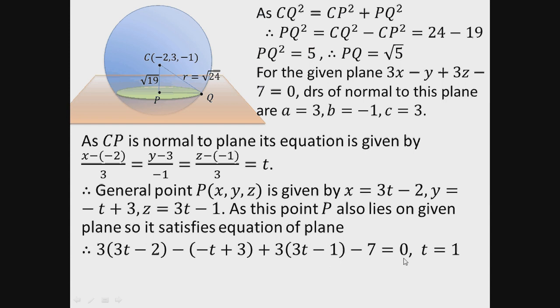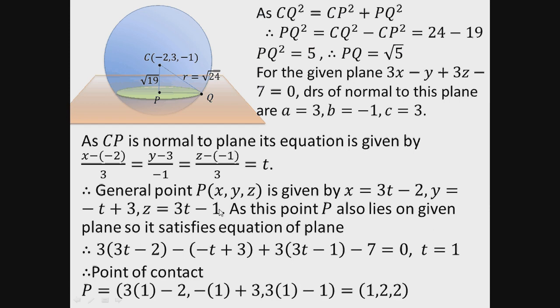Simplify this equation, that gives t equal to 1, and putting t back gives the coordinates of P. So P is 3 into 1 minus 2, minus 1 plus 3, 3 into 1 minus 1, which comes to 1, 2, 2. So this is the center of the circle and the radius of the circle is root 5.